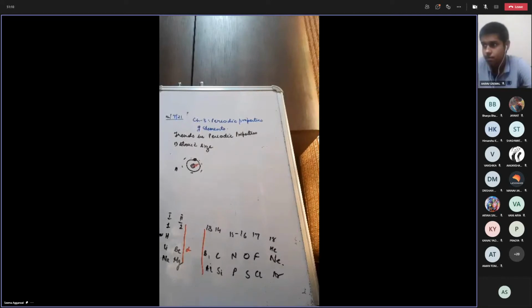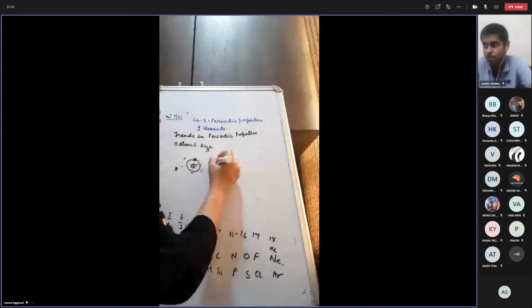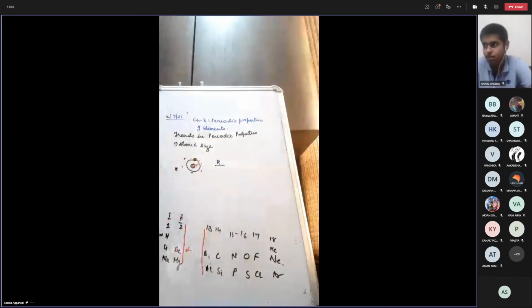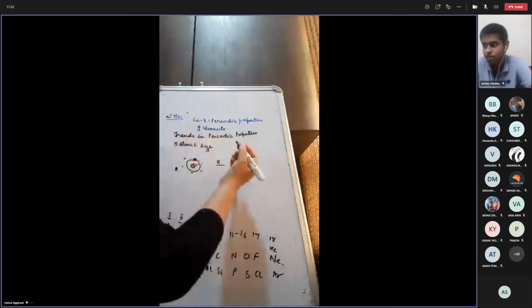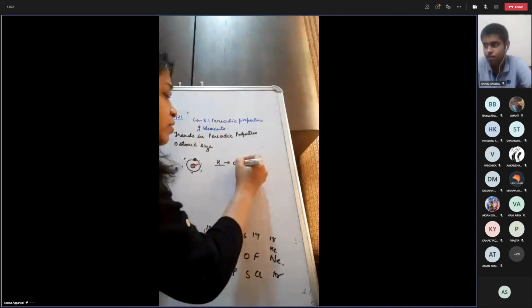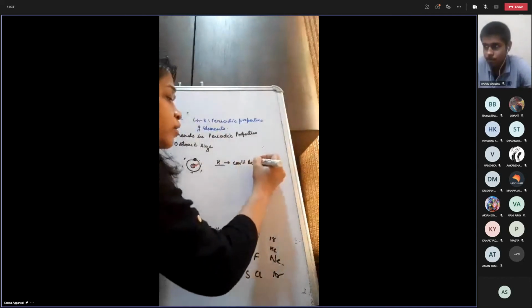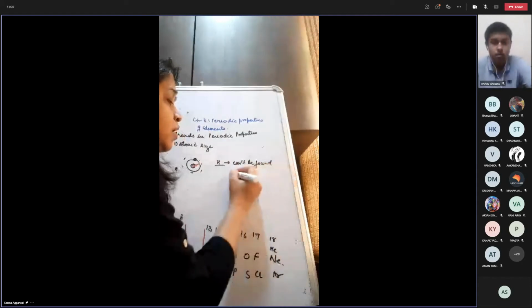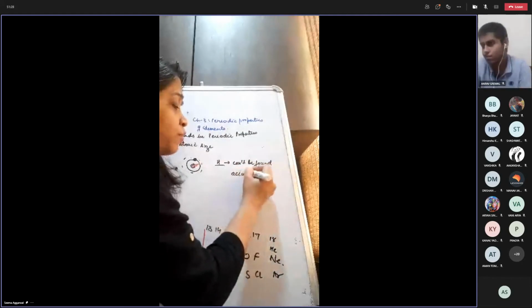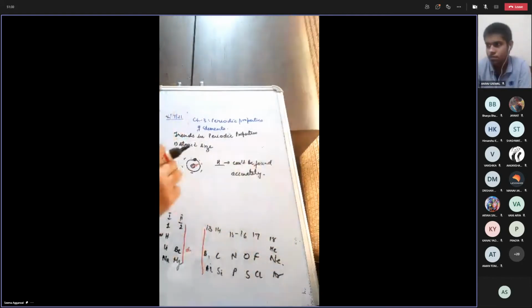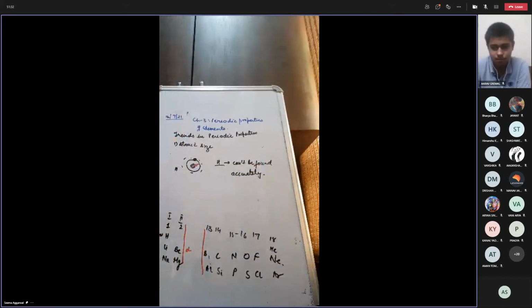Now the exact atomic radii cannot be found. Suppose I want to find out the atomic radii of hydrogen. I can't find it accurately. It cannot be found accurately. Why? Because the concept of orbit is wrong. And second thing is that hydrogen, does it exist as an atom or a molecule? Ma'am, it exists as a molecule.